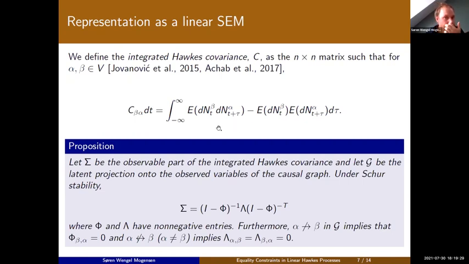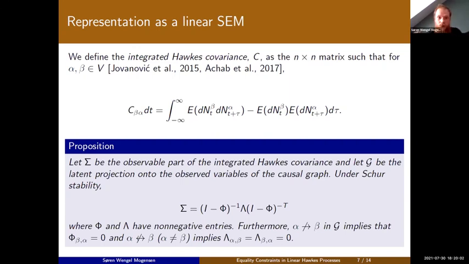I should also say that this dN notation is a differential, an infinitesimal jump in the N beta process. So we have essentially an infinitesimal covariance under the integral. Then I integrate over all tau, so we do this over the entirety of the process, and I get this integrated measure of covariance between the coordinate processes. I end up with C, which is an n times n matrix.